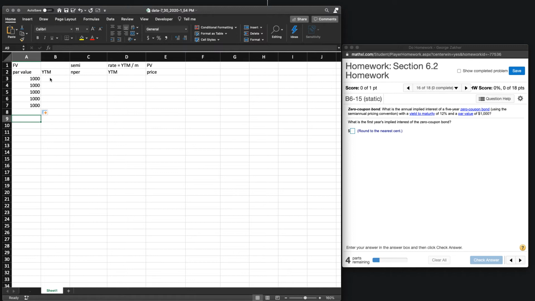And our years to maturity, so it's going to be a little bit different than we're used to, but if you think of it in terms of a timeline, we're going to start like this, something like that, okay?